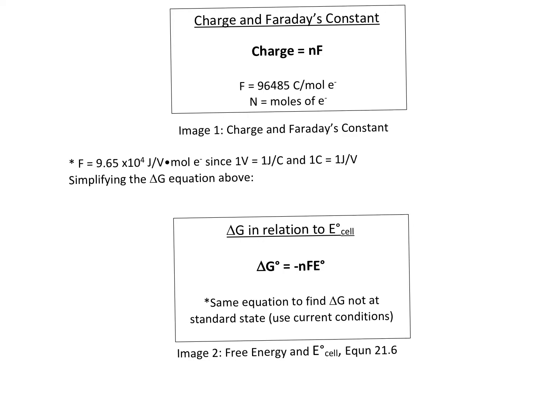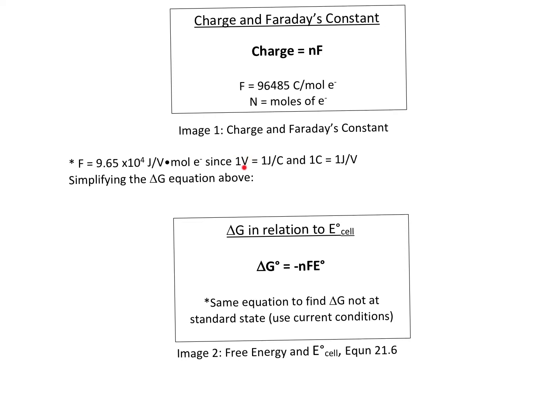There is a simpler way to write Faraday's constant, and it's like this: 9.65 times 10 to the 4 joules per volt per mole of electrons, instead of using coulombs per mole of electrons. The reason is that if we can relate everything to joules and volts, which are the standard units to use for cell potential, then it's much easier to understand what we're working with and what our cell potential or free energy is.